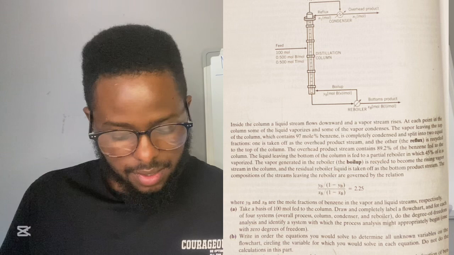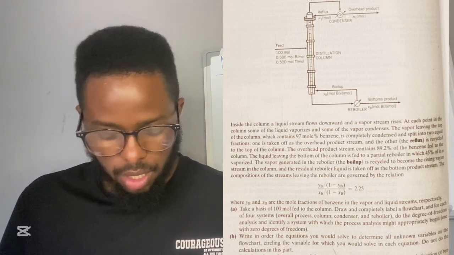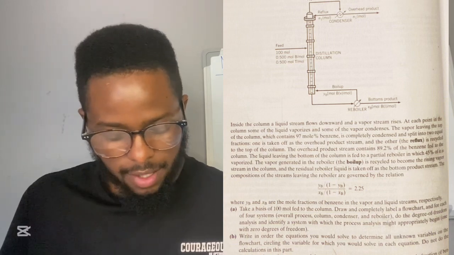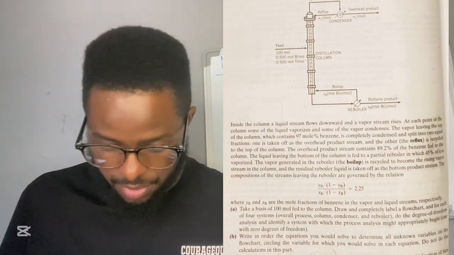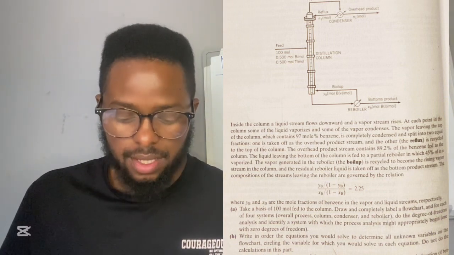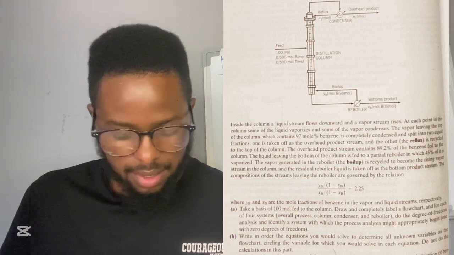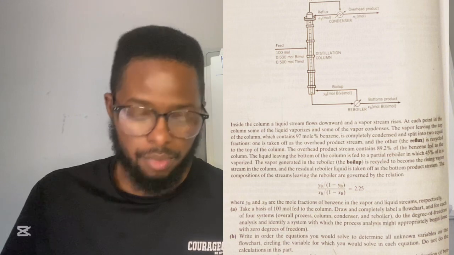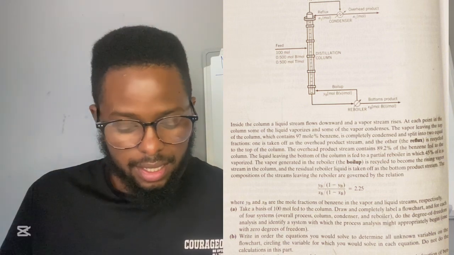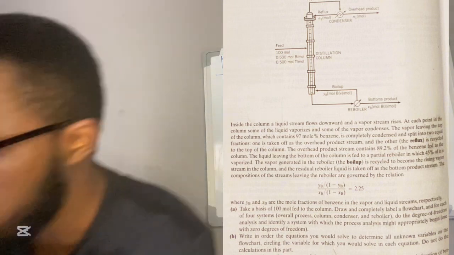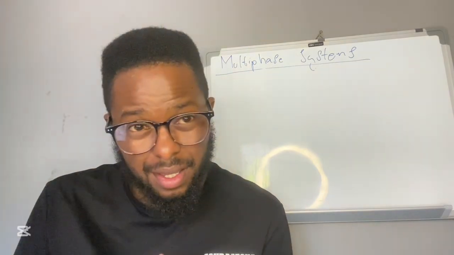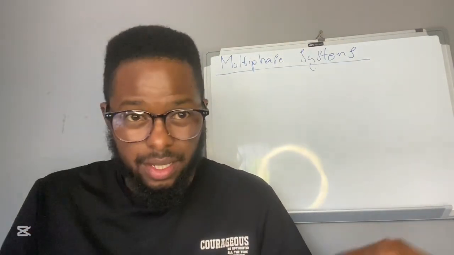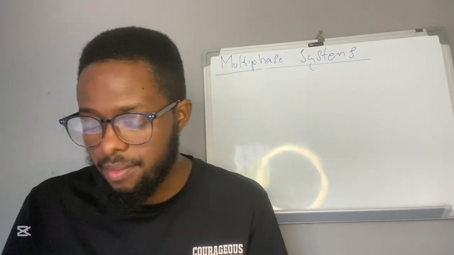Take a basis of 100 mole fed to the column and draw and completely label a flow chart, and for each of the 4 streams of a process, column, condenser, reboiler, etc., do the degree of freedom analysis, right? And identify a system in which there is only one system in this whole thing that has 0 DOF.